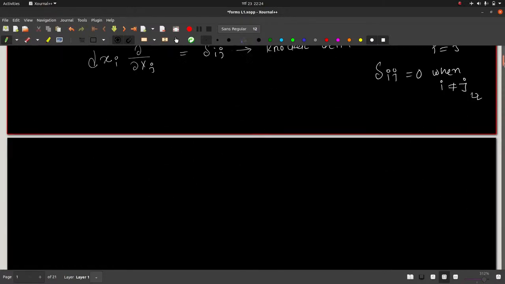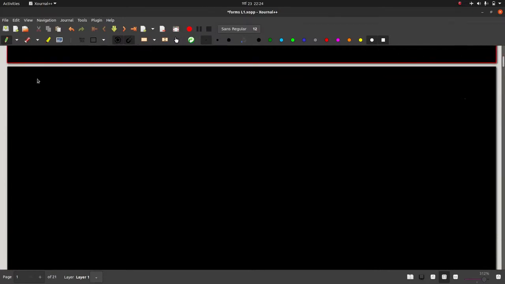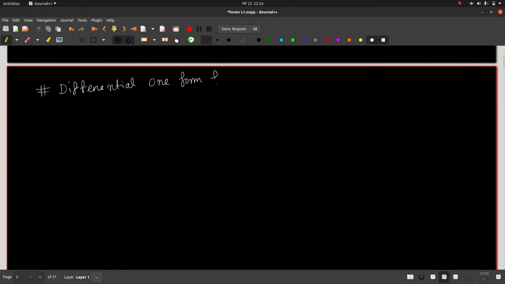So finally, we see that our differential one forms for a three-dimensional Cartesian vector space will be the following. The set of one forms for R3 is dx1, dx2, dx3.